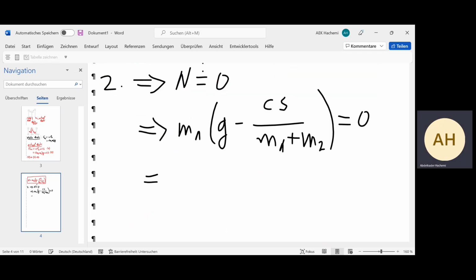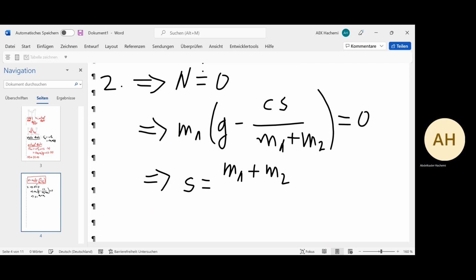Then in this case, we have S will be equal to M1 plus M2, divided by C, multiplied by G. And this is it's only L0.